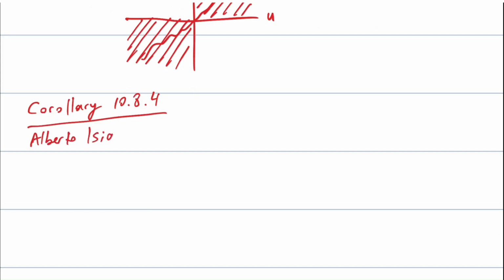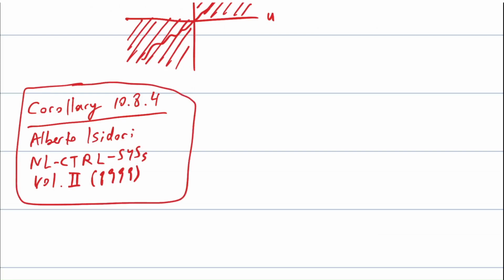Alberto Isidori. The name of the book is Nonlinear Control Systems, volume 2, published in 1999.